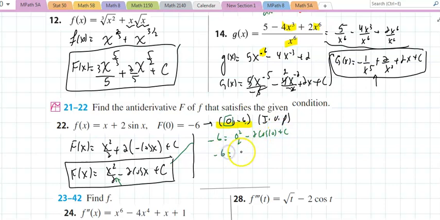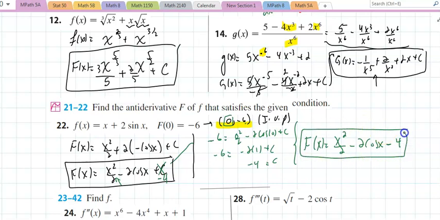That means negative 6 equals negative 2 times 1 plus c. So c equals negative 4. Take that out, put a negative 4, and there it is. Just to make it look nicer, you would want to say f of x equals x squared over 2 minus twice the cosine of x minus 4.